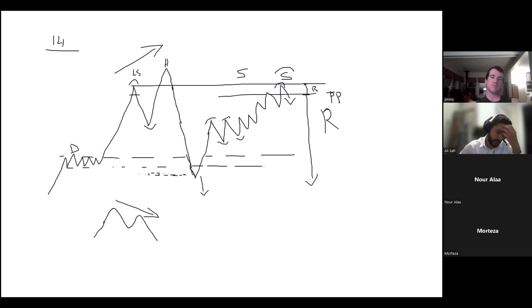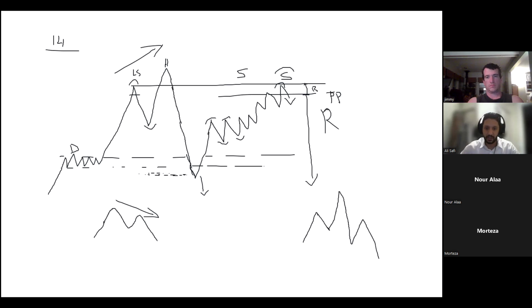Another thing that you should pay attention to: you shouldn't see a divergence between these two lows as well. So what do I mean? Do you see my cursor? No. So what do I mean by divergence?